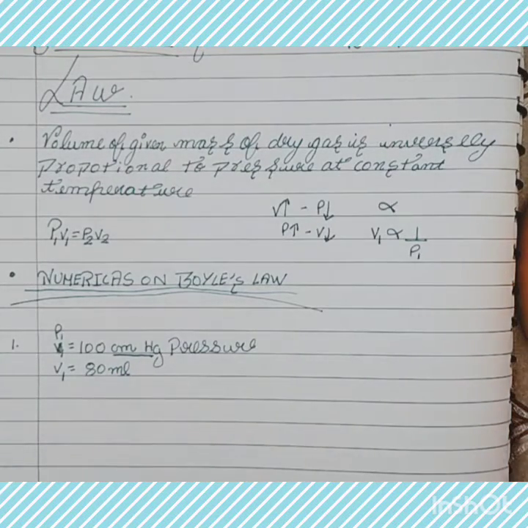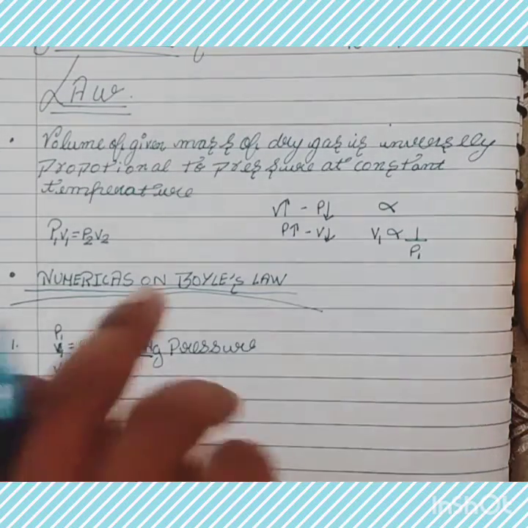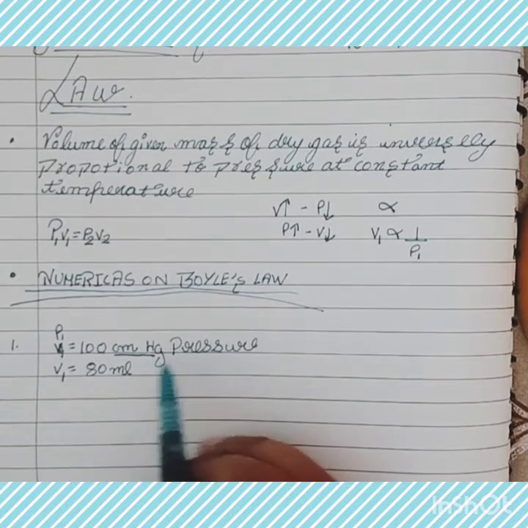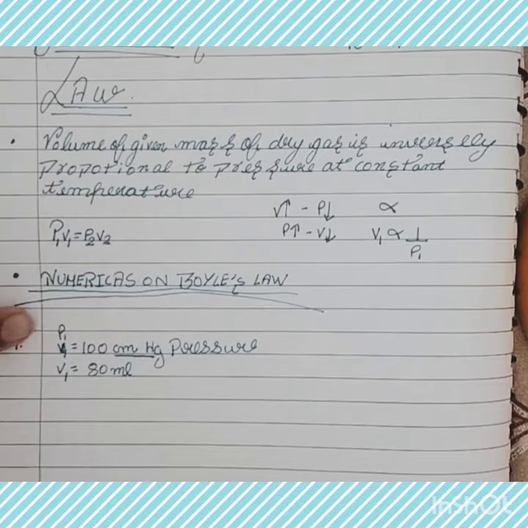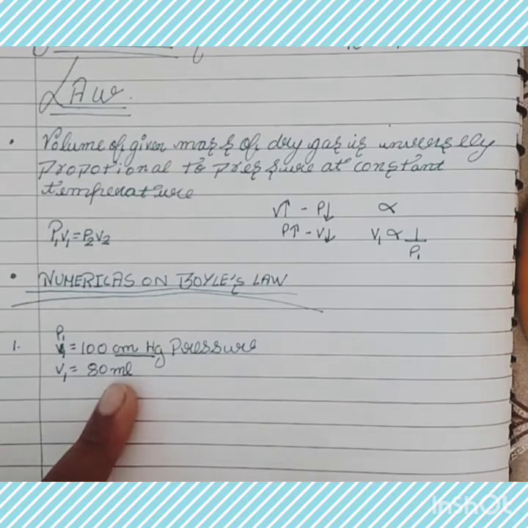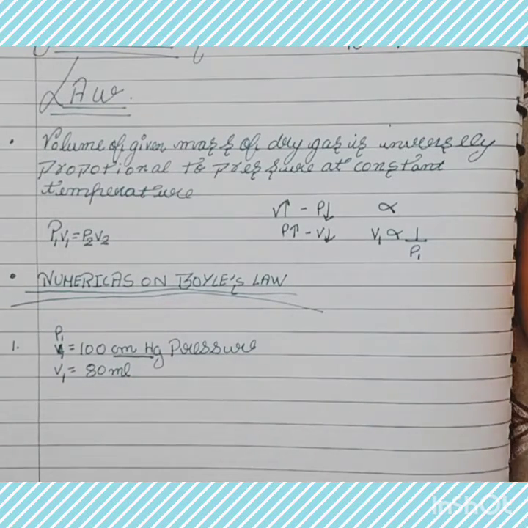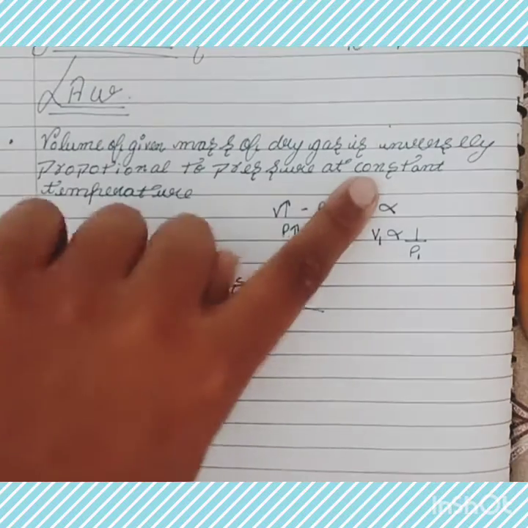Like it is Hg, mercury, centimeter. If only Hg is written, pressure is not written, then you can easily know that it is pressure. If the quantity is like ml, liter, centimeter, then it is volume. And if Celsius, Kelvin, then it is temperature. But in Boyle's law, we have temperature as constant.